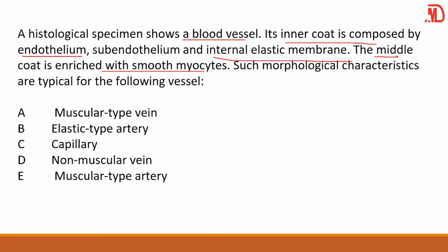And then we have the outer layer, also known as the tunica adventitia. I repeat again: the inner layer is the tunica intima, the middle is the tunica media, and the outer layer is the tunica adventitia.